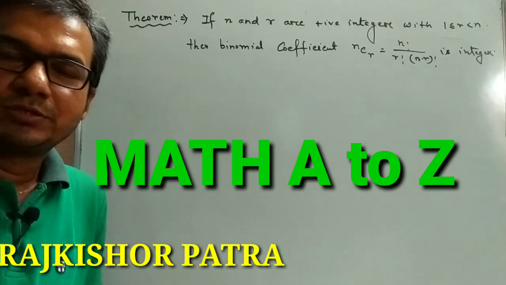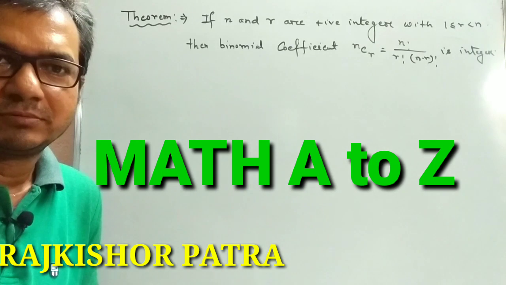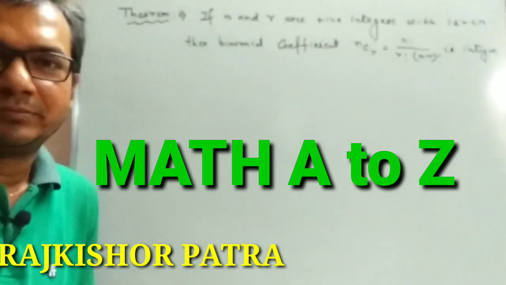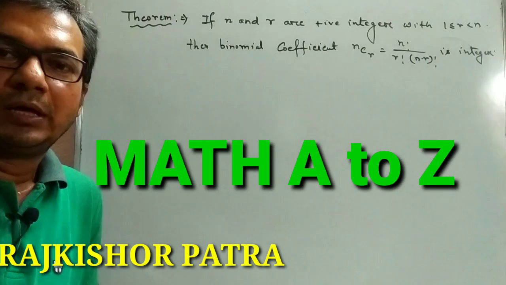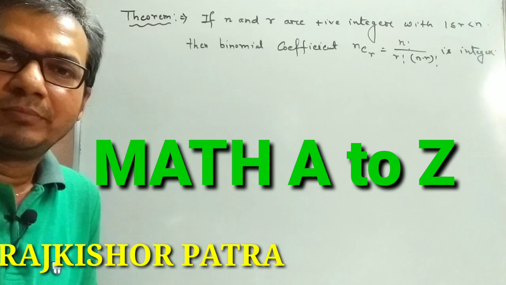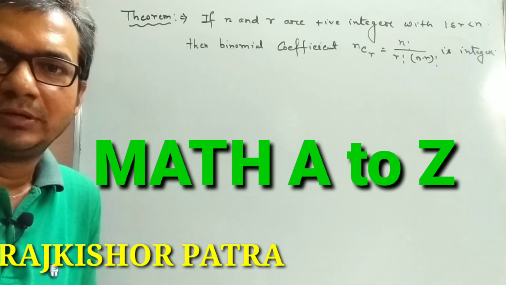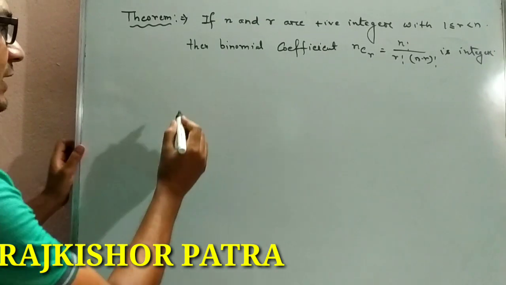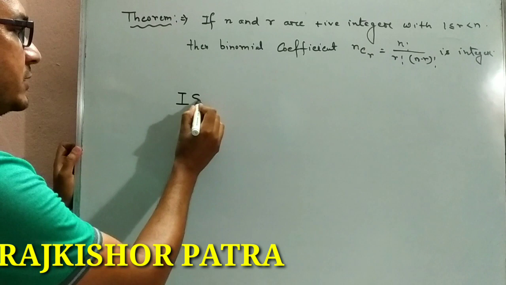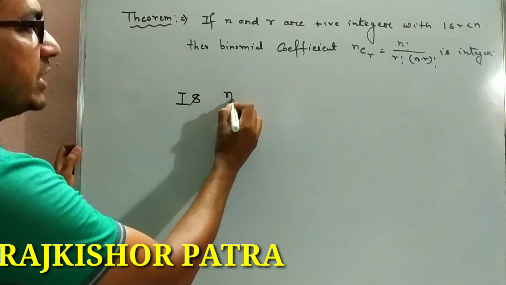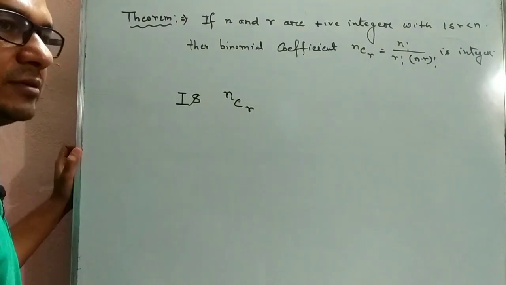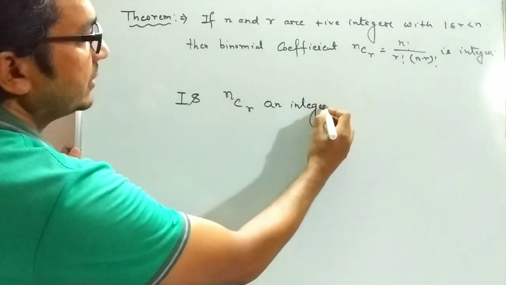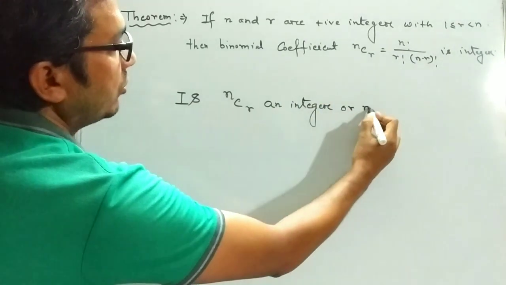Our today's topic is a common question from number theory, that is: is the binomial coefficient nCr an integer or not?